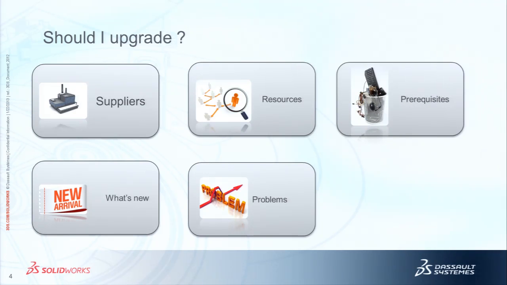Then prerequisites. Obviously, if you are not ready on the IT side, if your hardware is not compatible, your graphic card is obsolete and cannot be used with the current version of SolidWorks, you may be in trouble. It is also true on the software side. Operating system, XP, no longer compatible with the current version of the product.